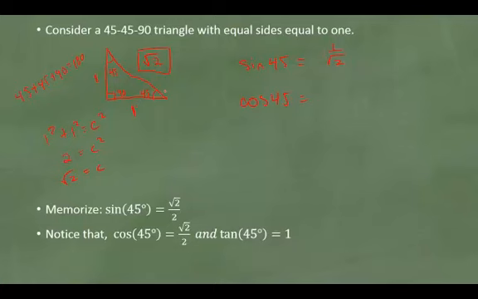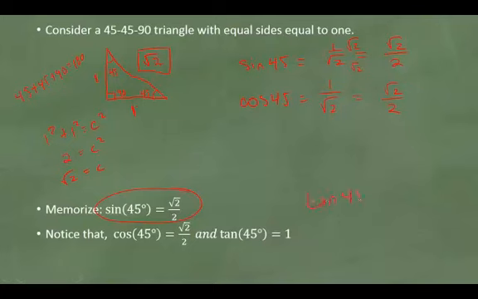Cosine 45 is adjacent over hypotenuse, which turn out to be the same values. After we rationalize this, after we multiply by the square root of 2 in the top and the bottom, we get square root of 2 over 2. Again, memorize the one for sine, and just remember that cosine 45 is the same.